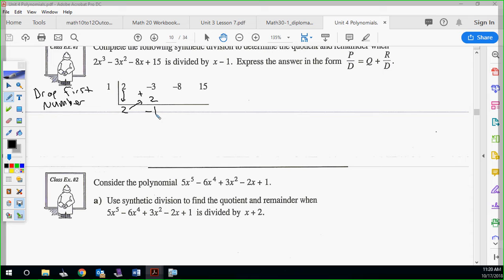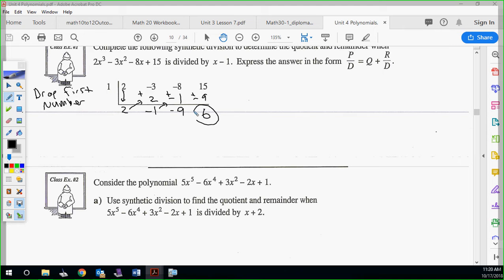And we do the process again. 1 times -1 is -1. Then we add that, -9. 1 times -9 is -9. We add, we get 6. That's going to be our remainder.